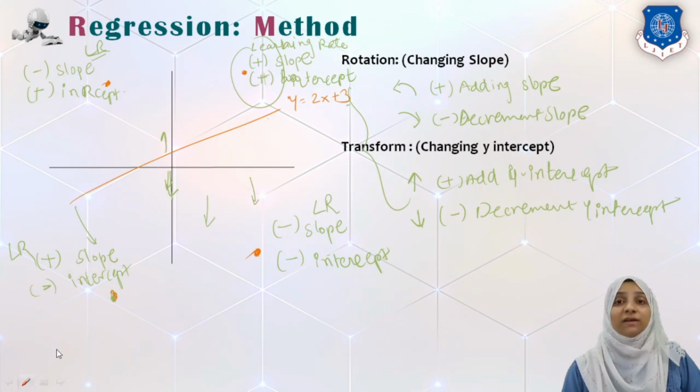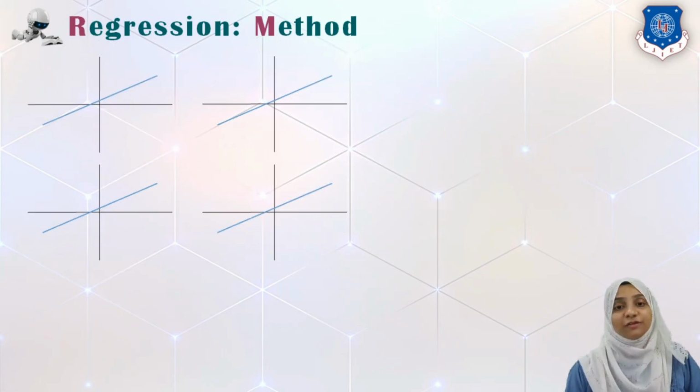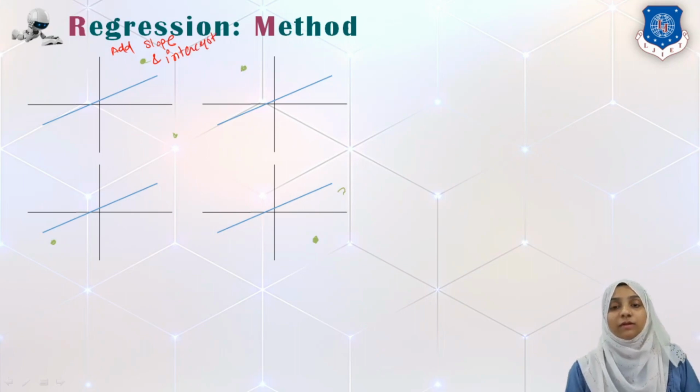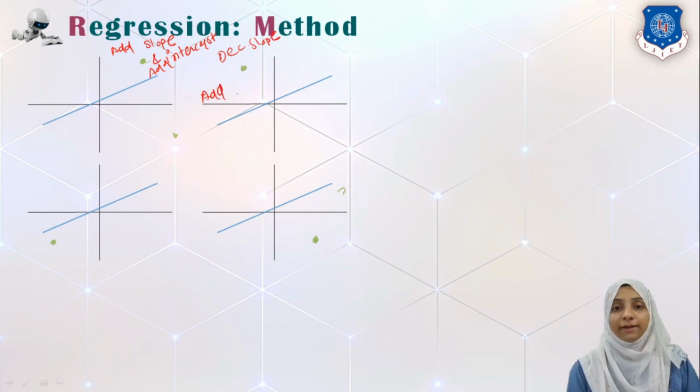So what do we do? We will write one simplified algorithm. Let us look into the detail of that algorithm. Before we write the algorithm, let me show you four different cases: the point is here, or here, a point in the third quadrant, and a point in the fourth quadrant. If it is in the second quadrant, we have to decrement slope and add intercept.